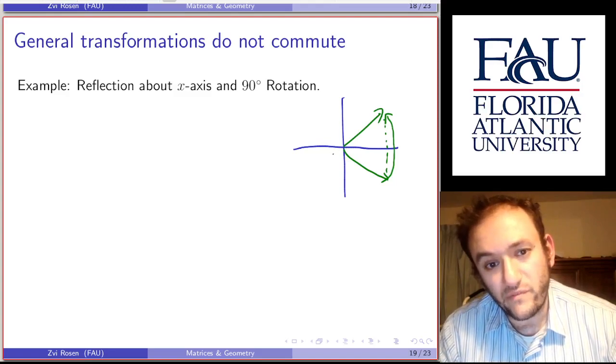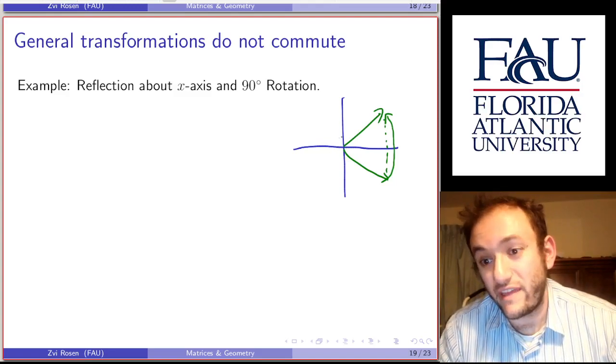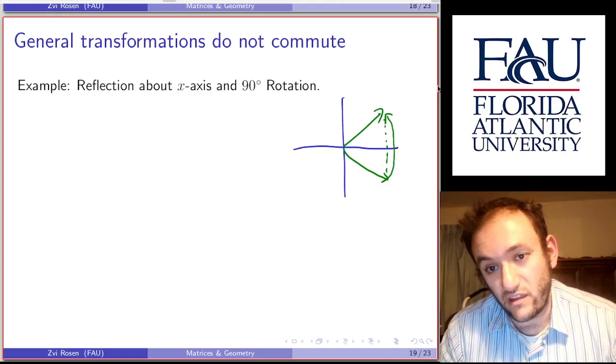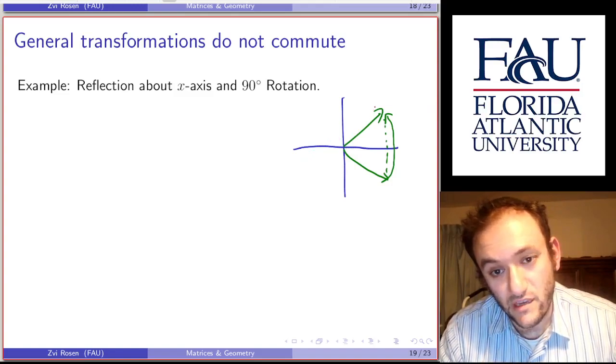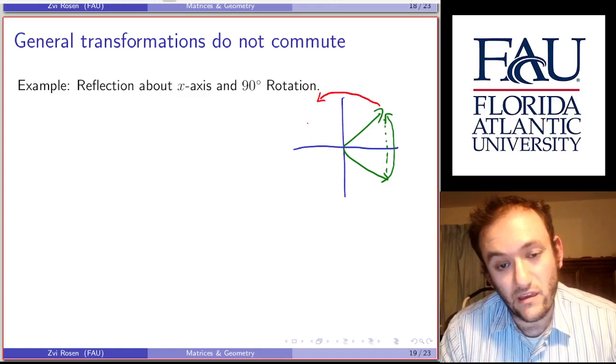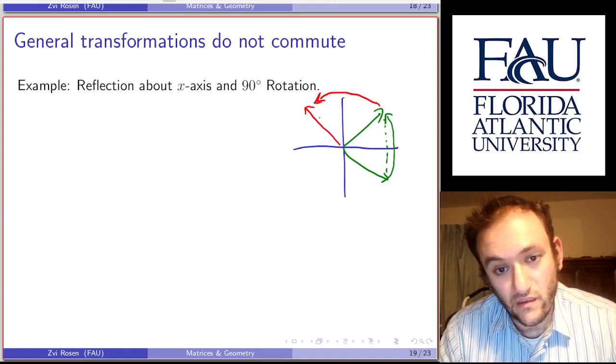Okay, what if I first do a 90-degree rotation and then I reflect? Let's use a different color to signify that we're doing a different order of operations. So first we would get a 90-degree rotation this way, which would come out to here. And then we would reflect about the x-axis, which would bring us down here.